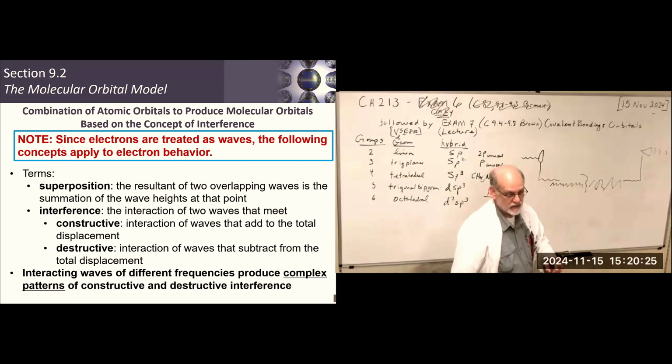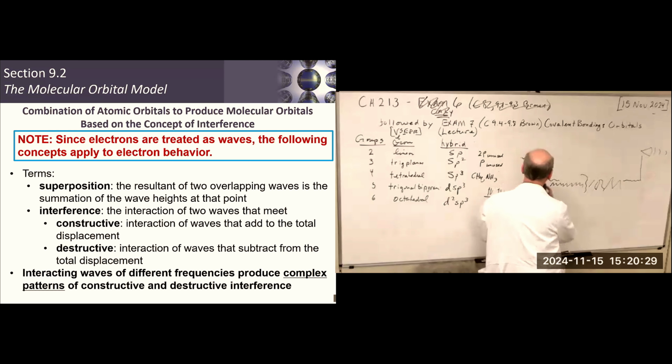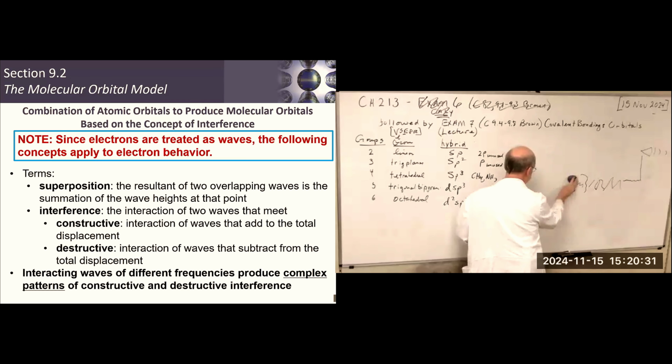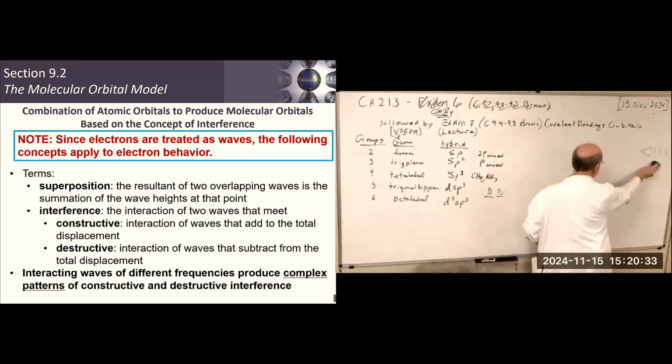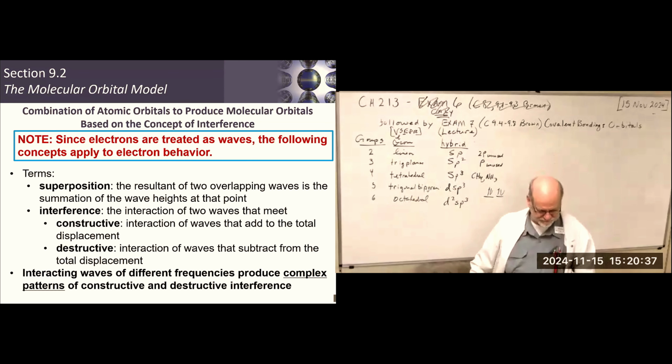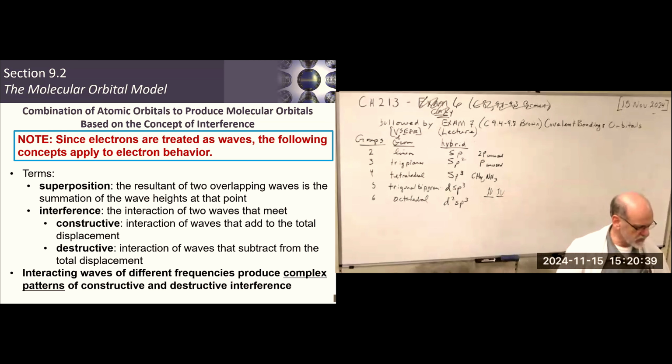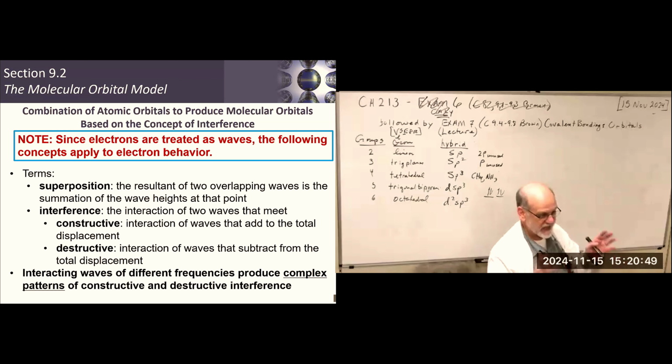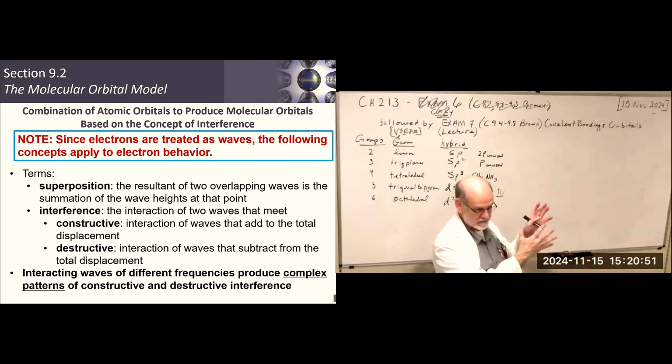Television works the same way, only it's more complicated. We call it multiplexing. And that's how you can get a lot of data transferred over a coaxial cable or a fiber optic cable. You have several channels, right?